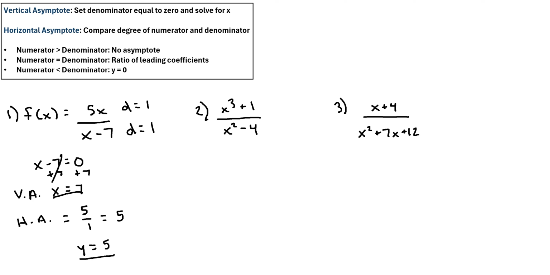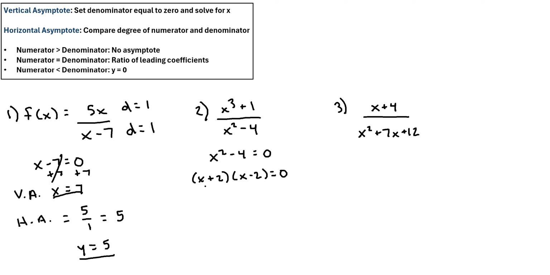All right, let's check out the next example. We have x cubed plus 1 divided by x squared minus 4. So again, let's start with the vertical asymptote. To find the vertical asymptote, we need to set x squared minus 4 equal to 0. So if we factor this left-hand side, we can break this down into x plus 2 and x minus 2 equals 0.